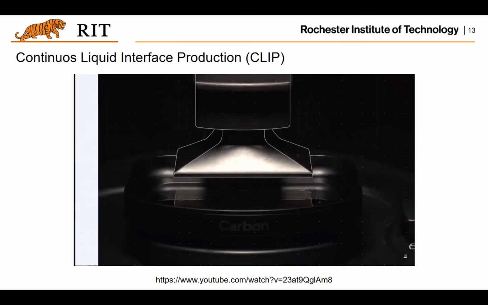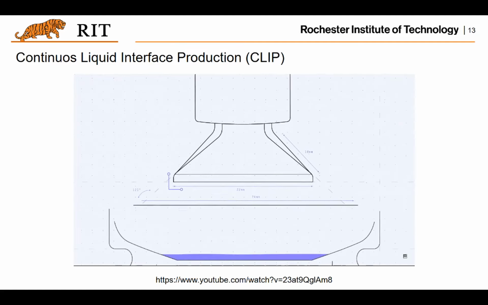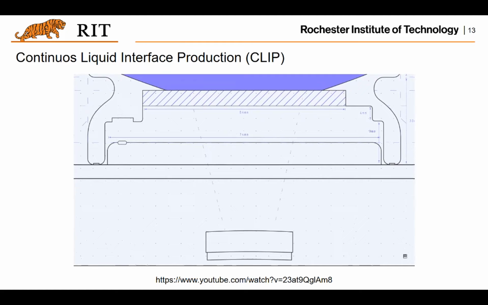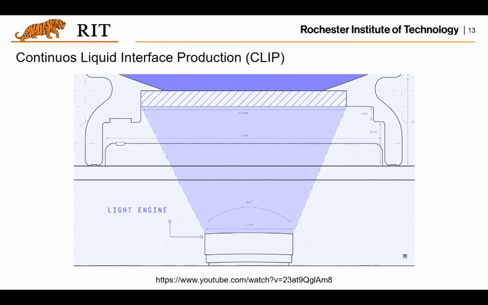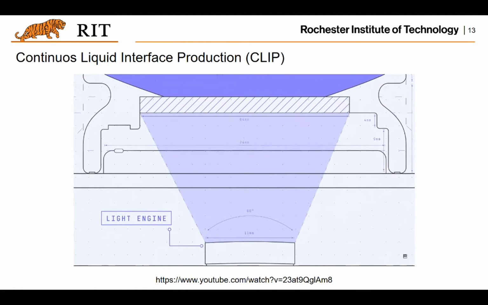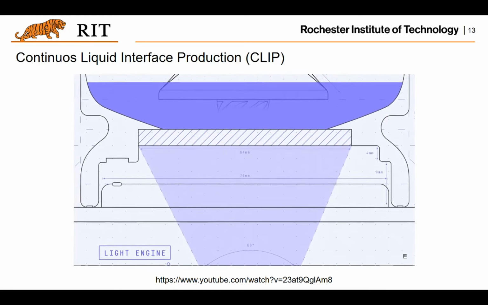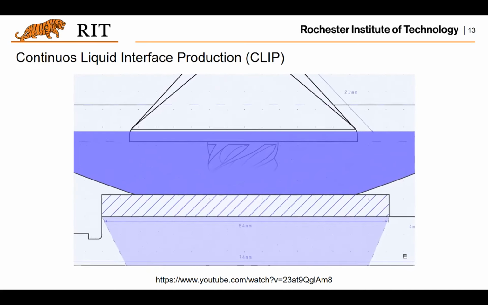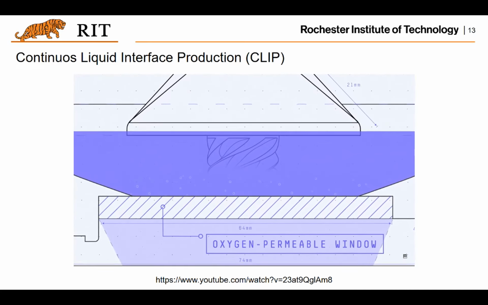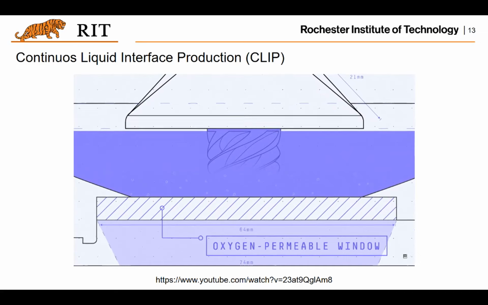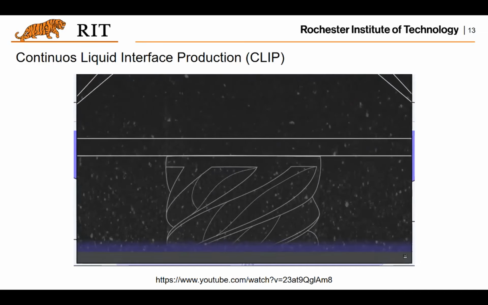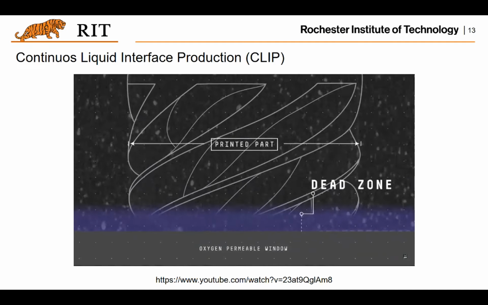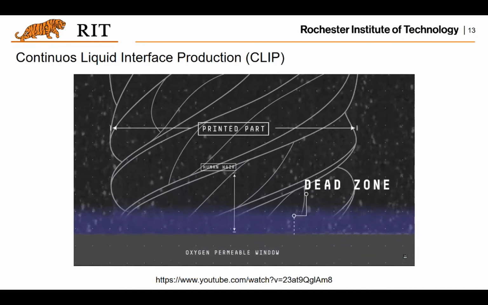Here's how Carbon's technology works to print end-use parts. Light from a custom high-performance LED light engine projects a sequence of UV images exposing a cross-section of the part, causing the UV curable resin to partially cure in a precisely controlled way. Oxygen passes through the oxygen-permeable window, creating a thin liquid interface of uncured resin between the window and the printing part, known as the dead zone. The dead zone is only a third of a human hair thick.